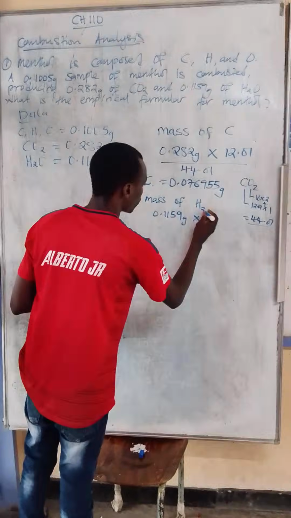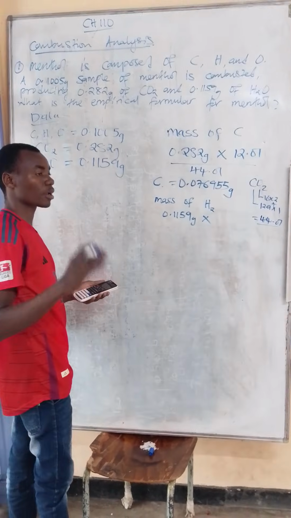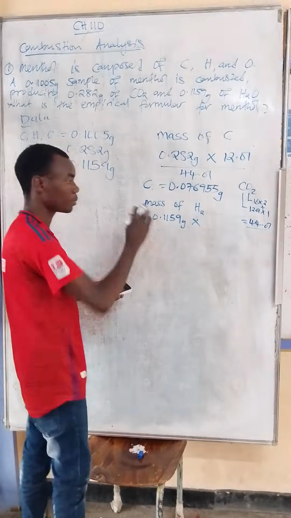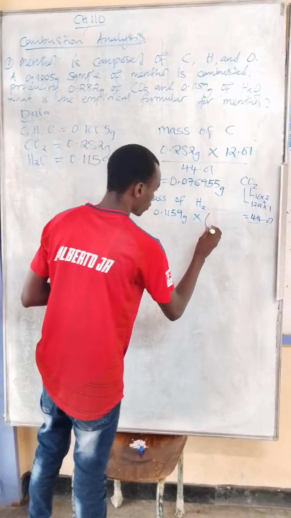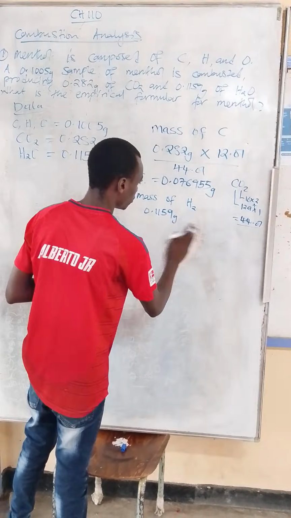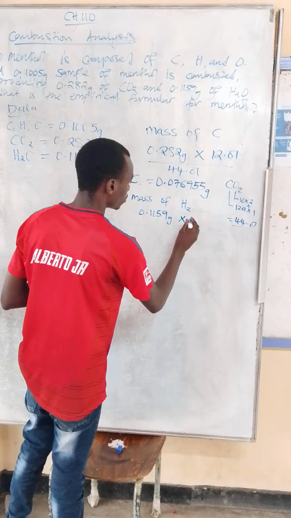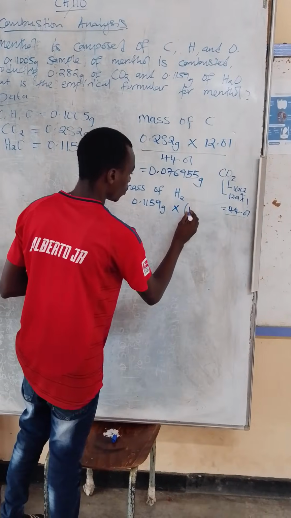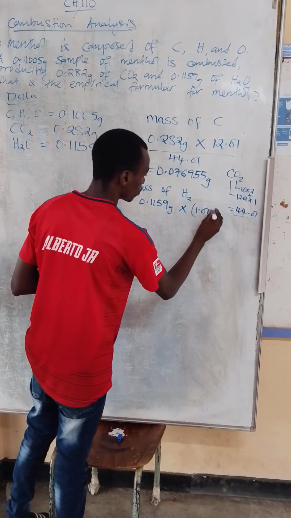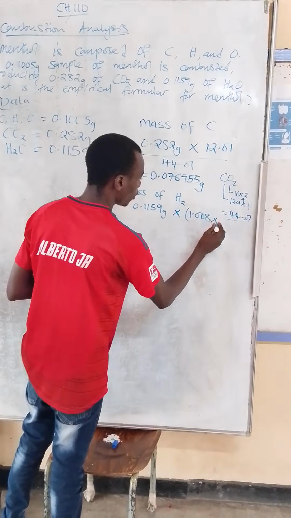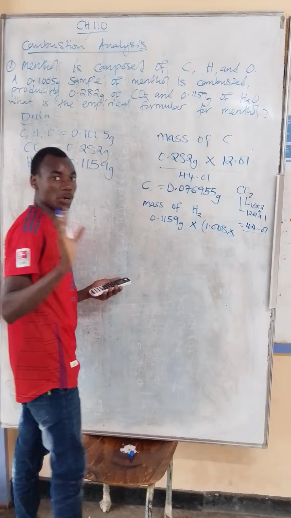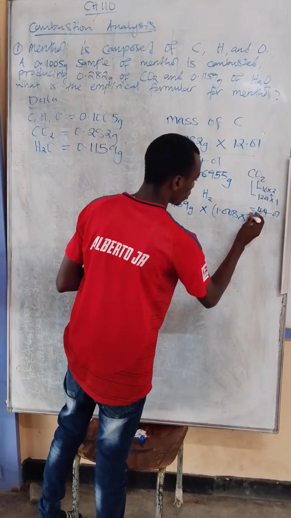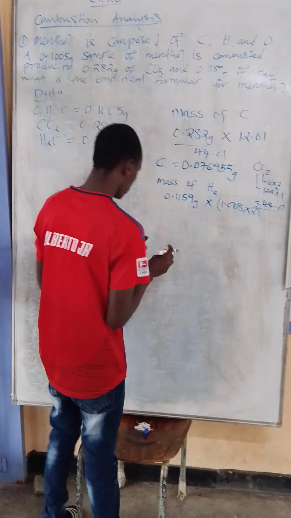The mass number for hydrogen is 1.008, and I'll multiply with 2, since we have 2 hydrogens.